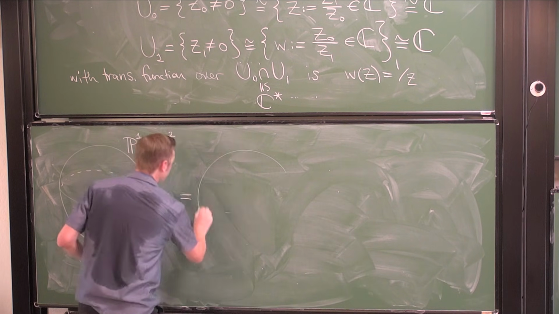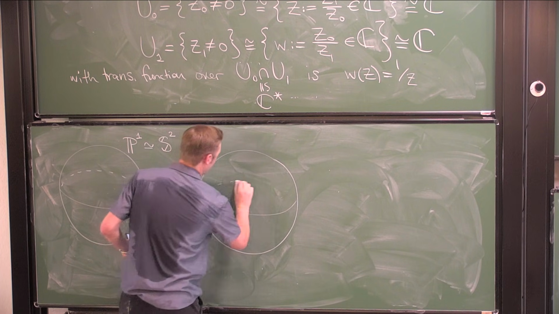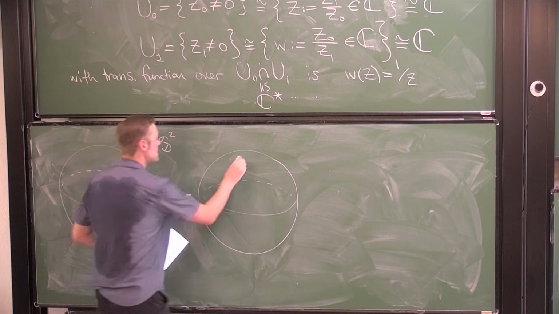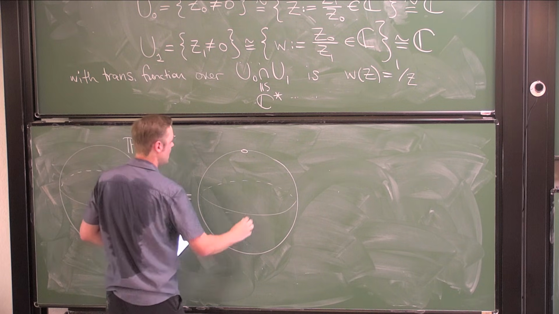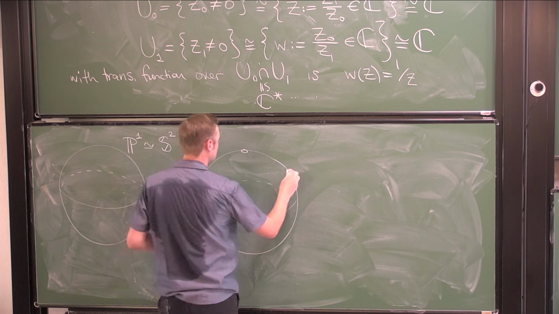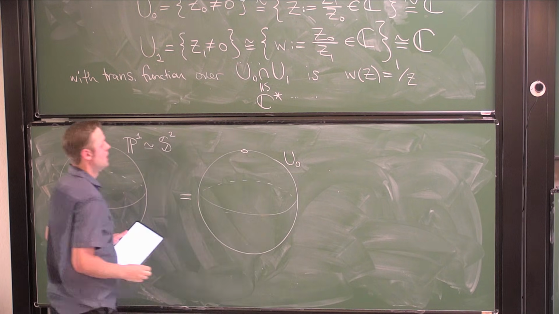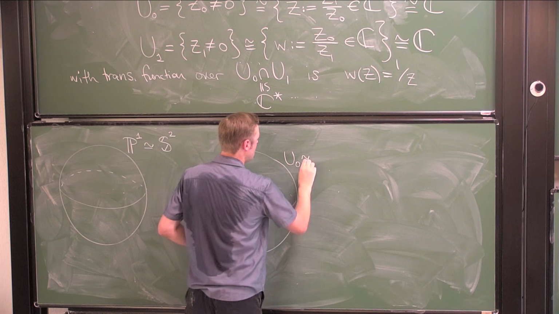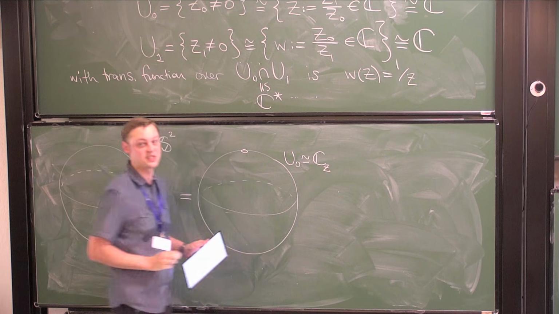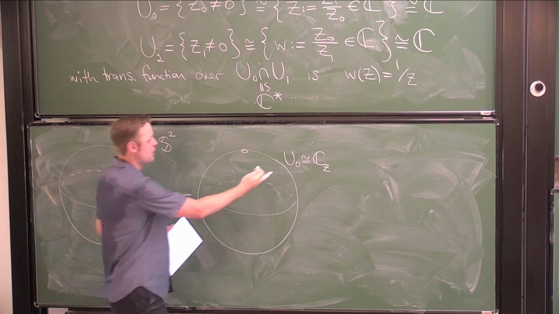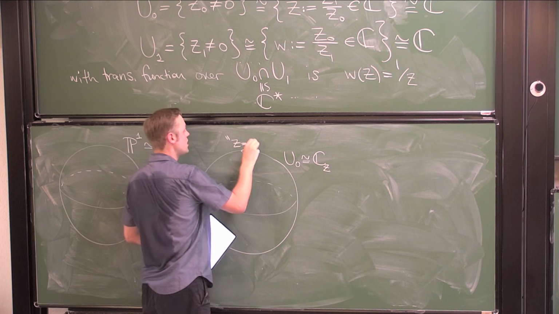So I have one copy of C, which I picture again as a sphere but with a point missing. This is my U0. Remember that this is the complex plane with coordinate z, and the only point that's missing is what I would call z equals infinity.